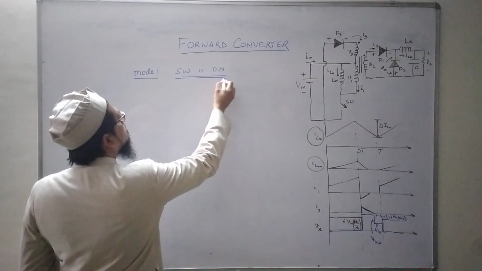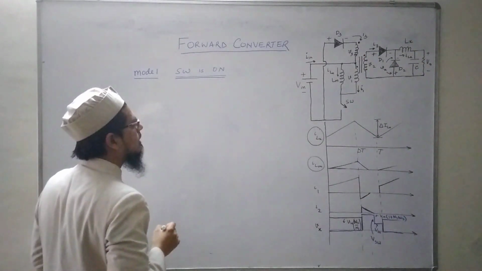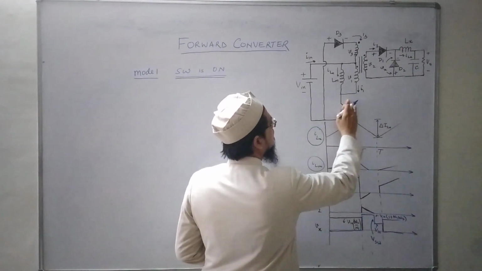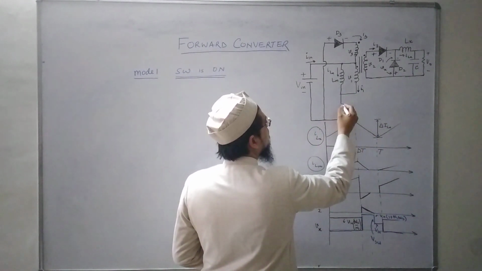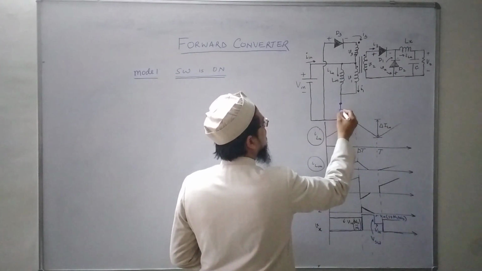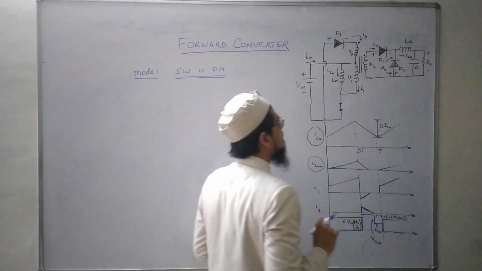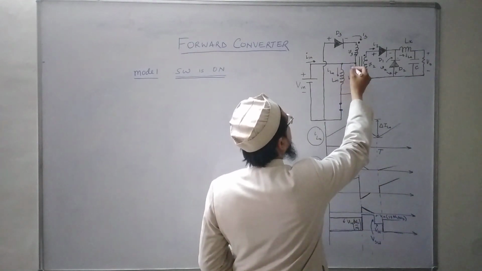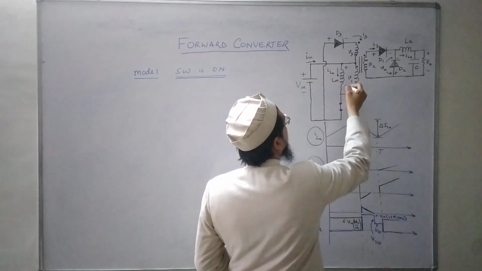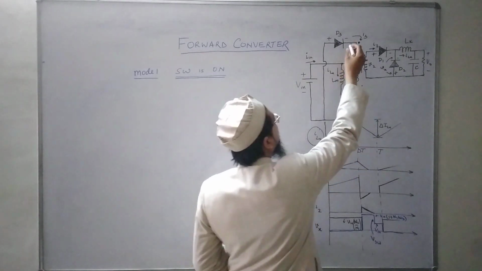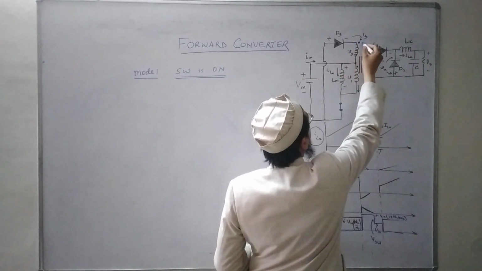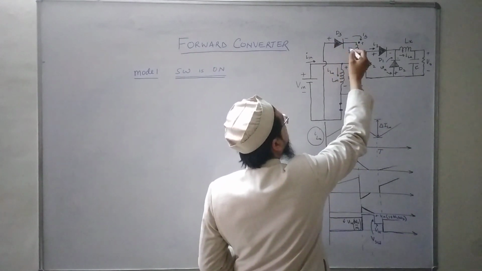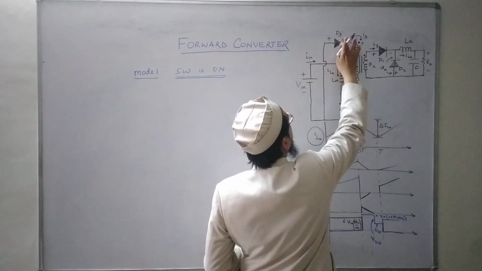When switch SW is turned on, let me draw this circuit. I will be joining this switch here. SW is on now. When SW is on, the polarity here would be like this, and this would cause a polarity like this here also. That means the diode is reverse biased and it won't be conducting in this mode.